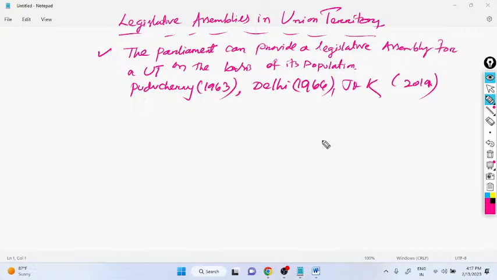The Parliament can make laws not only on any subject of the three lists, including the state list, for the union territories.